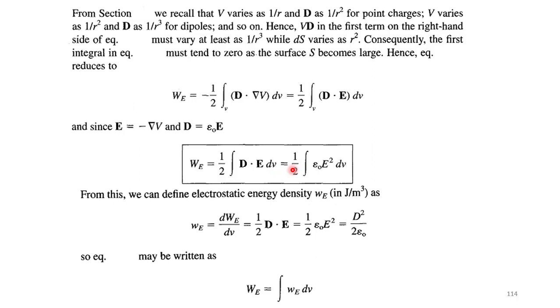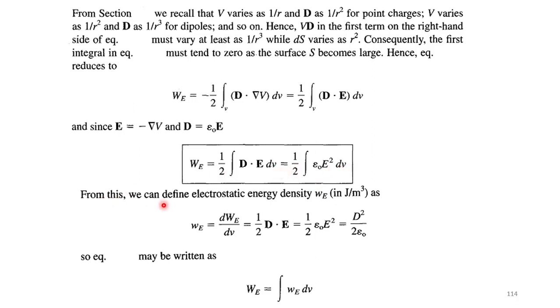We can rearrange this further only in terms of E or only in terms of D. By considering D equal to epsilon E, we can put D as epsilon E, so this will become epsilon E square. So this equation reduces to 1 by 2 integration epsilon E square dv.